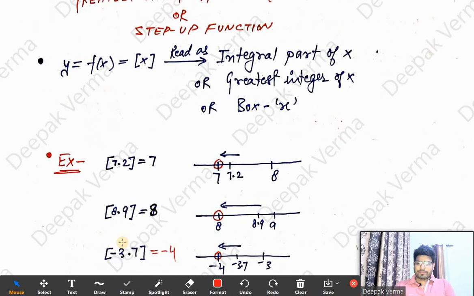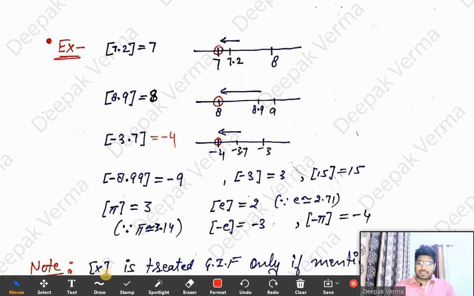Let's move ahead. So what does it mean? If we have box 7.2, what is its outcome? Look, 7.2 is a value somewhere between 7 and 8, isn't it? Now we are standing here at 7.2.